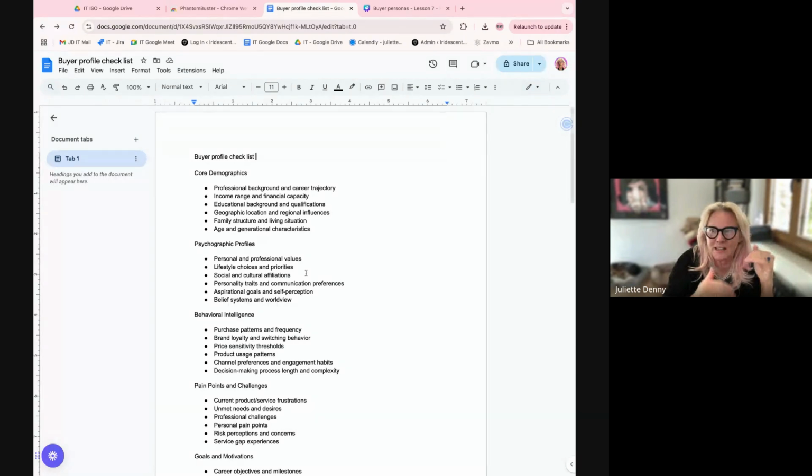It really is about understanding what is going to drive a response from them. And as we know from lesson 1, in human beings a response basically happens after emotion. So we need to find out what is driving these people, and our messages need to lean in to that in order to get them to convert.